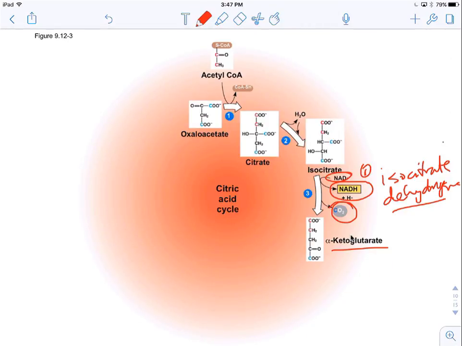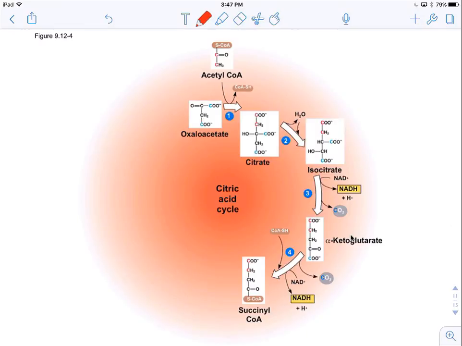Okay. The next step, we take alpha-ketoglutarate. Again, another dehydrogenase enzyme here. We liberate another molecule of carbon dioxide, okay, and reduce another NAD into NADH. So there's our second NADH. And the product of this step is called succinyl-CoA.